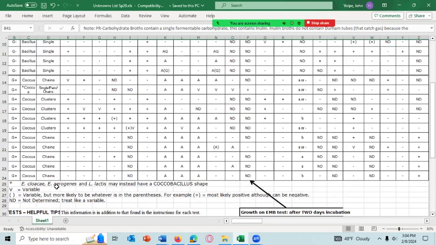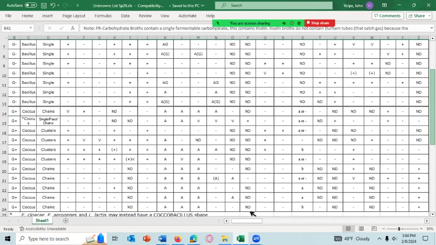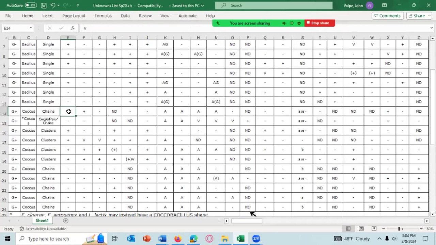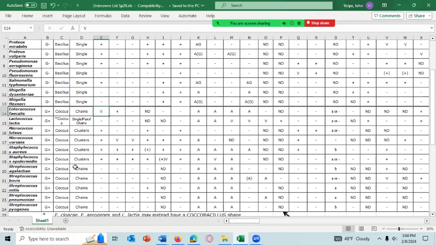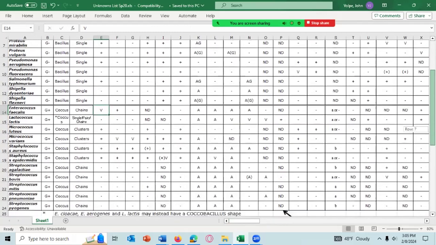So that means if you request a test and you get a result back and you look on the table and it says V, you must take that as either a plus or a minus. So you have to consider both options. This species, Enterococcus faecalis, is both positive for, what is that test? Gelatin hydrolysis.